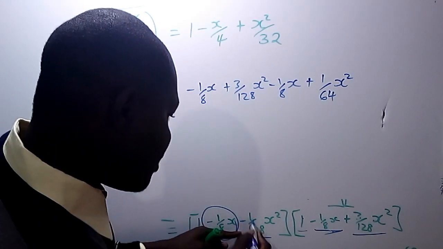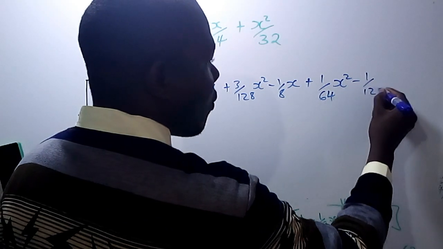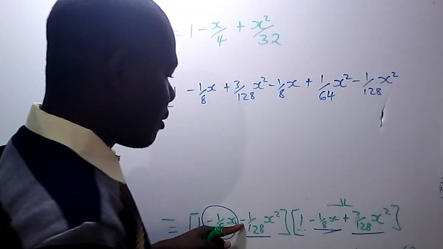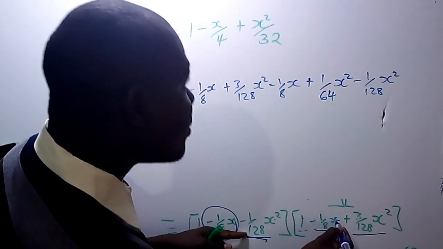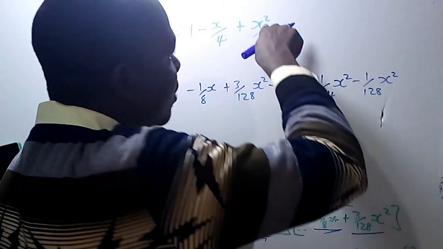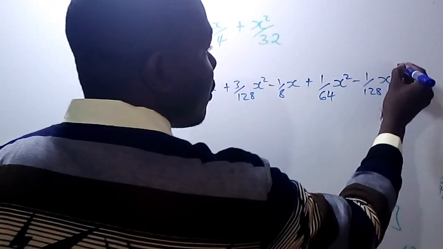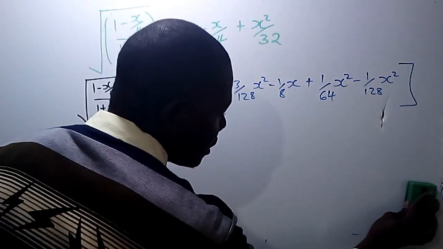Negative 1 over 128 x squared times 1, you get negative 1 over 128x squared. Then negative 1 over 128 times x squared times this, x squared times x will be x cubed. X cubed is not here, we ignore that. X squared times x squared will be x to the power 4, we ignore that. So we only need those. So if we simplify that, what do we get?